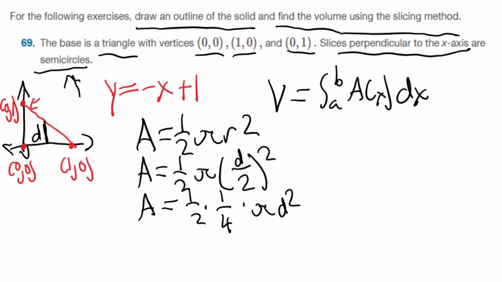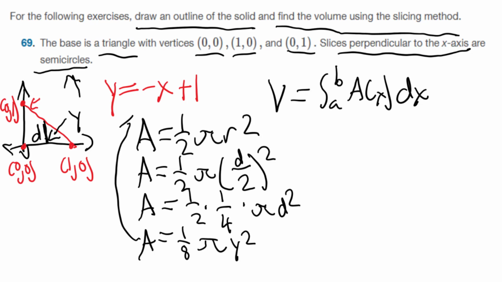You can also think of d as equal to the y value at the certain function, so we can replace d with y. We can say area is equal to 1/8 pi y squared. Then, because we have our equation y equals negative x plus 1, we can now plug that in to get area in terms of x.